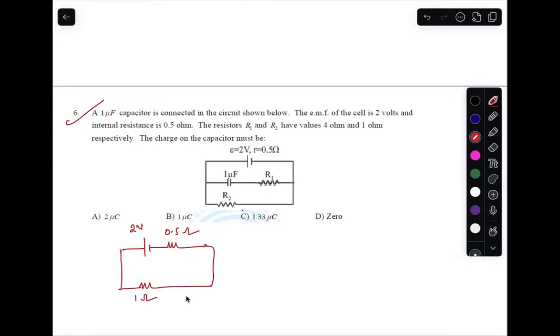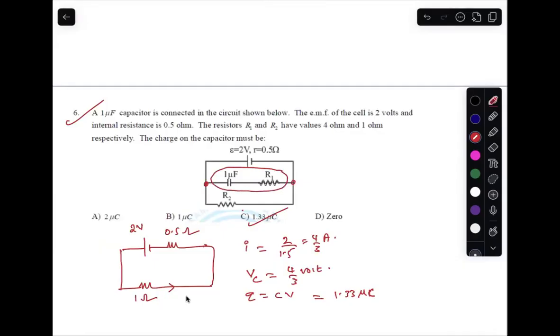Now, what is the current? Current is 2 by 1.5, that is 4 by 3 amps. So what is the potential drop across the capacitor? It is 4 by 3 volt. Q is equal to CV. They are asking for charge. So therefore 1.33 microcoulomb. Right. Easy question. The only thing you need to identify is steady state. Ignore this line.